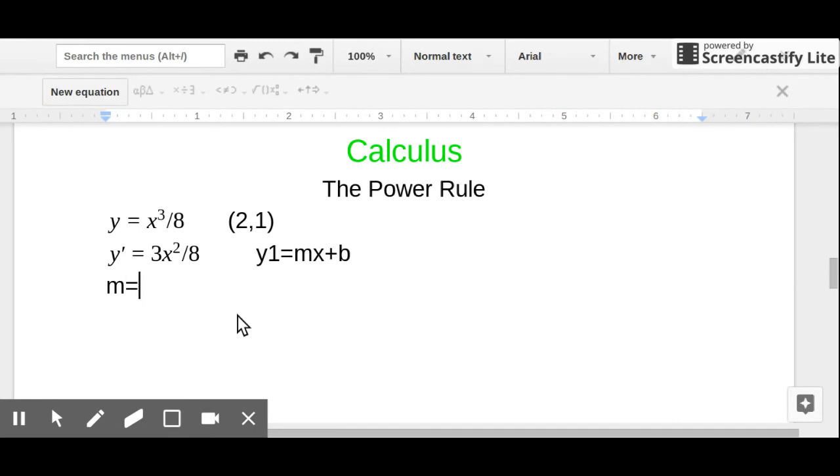So m is equal to, we're going to plug 2 in for our x.